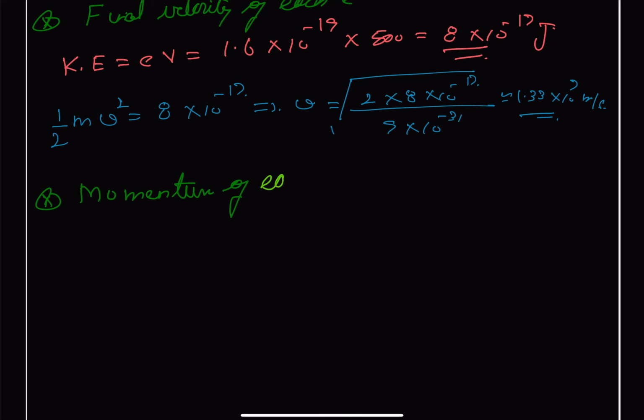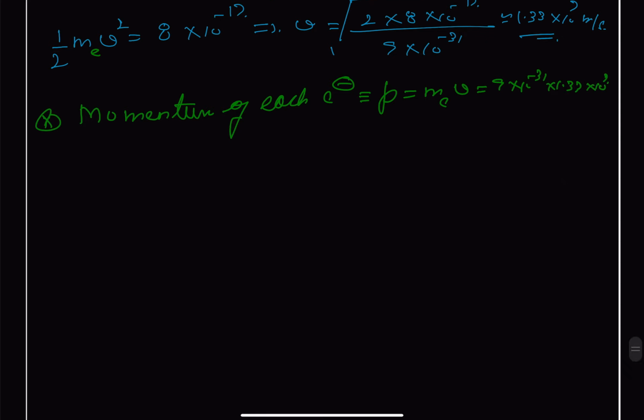That is, P is equal to the mass of the electron multiplied by the velocity v, which will be equal to 9 into 10 to the power minus 31 into 1.33 into 10 to the power 7. So we get our momentum P equal to 1.2 into 10 to the power minus 23.